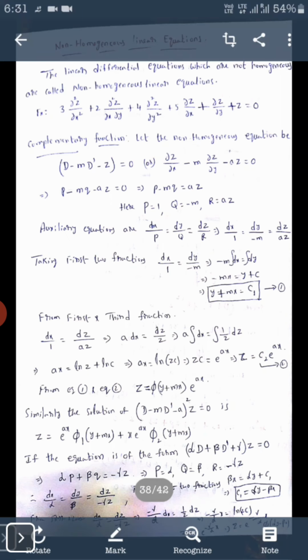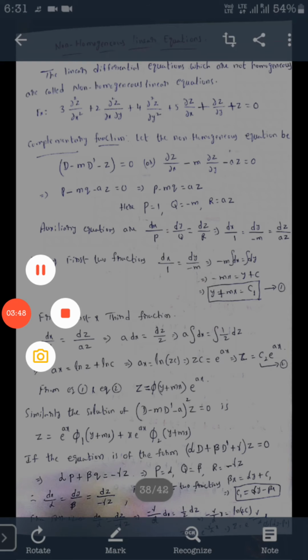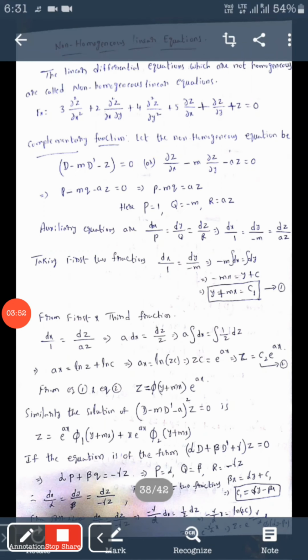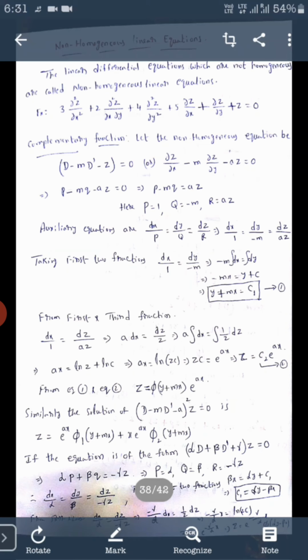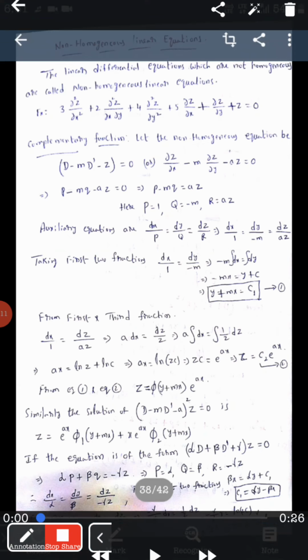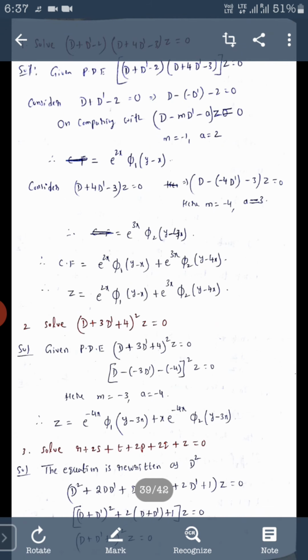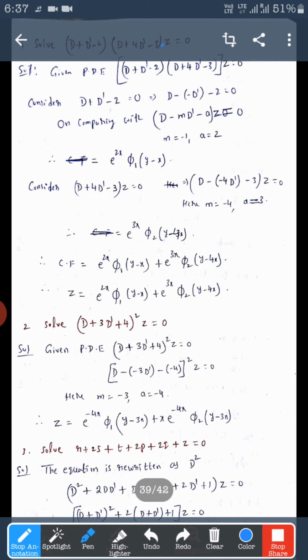Taking an example, (D + D' - 2)(D + 4D' - 3)z = 0.